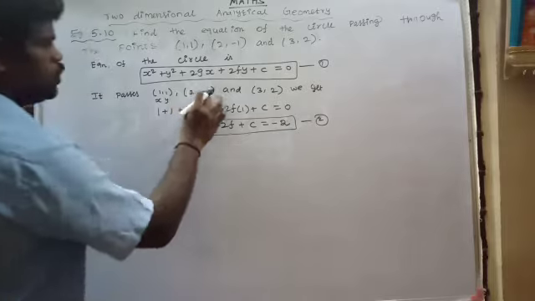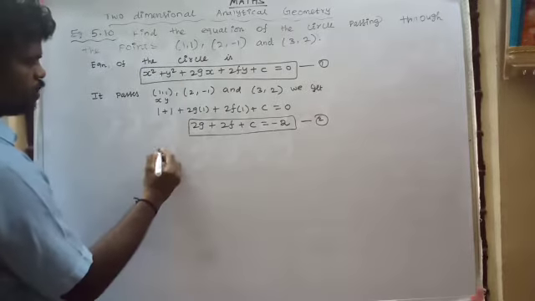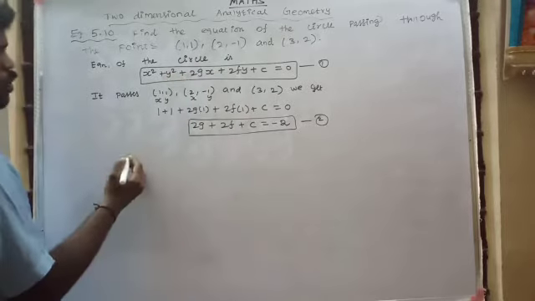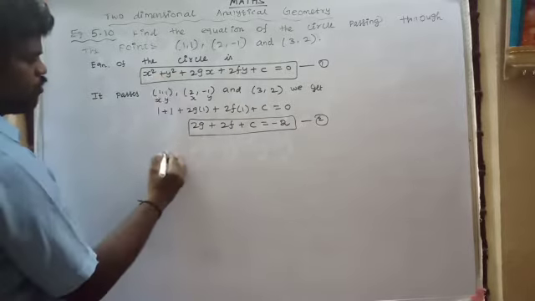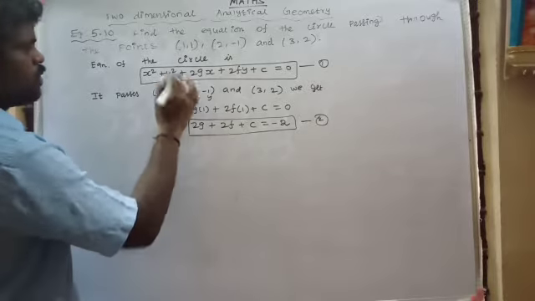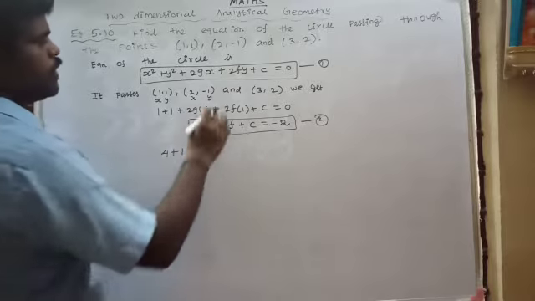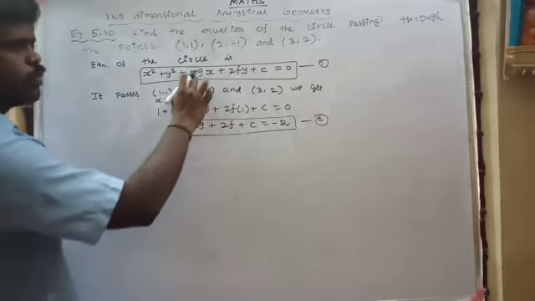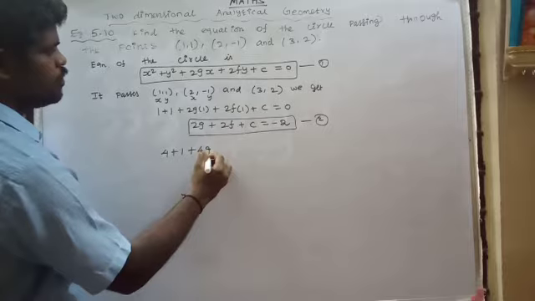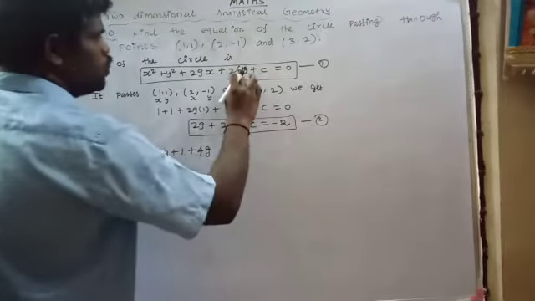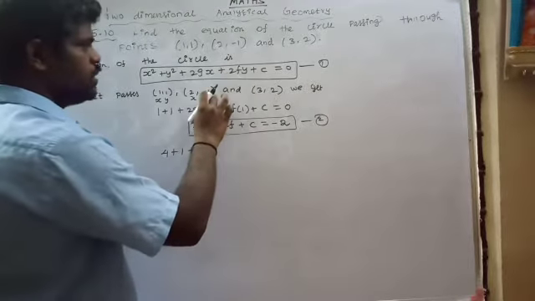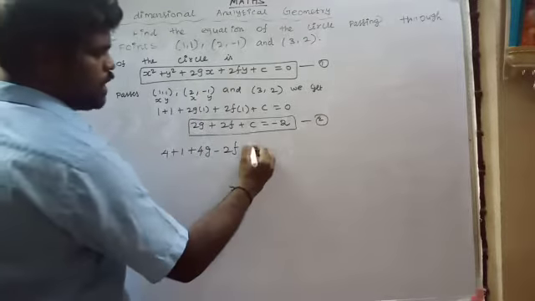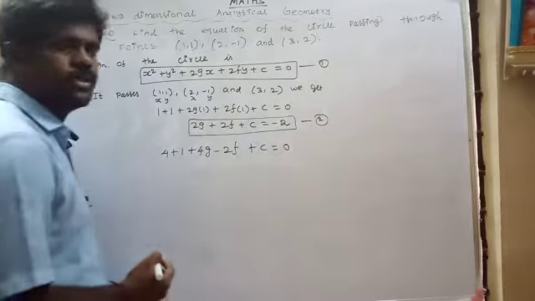And (2, -1). We apply (2, -1). This is x and this is y. Apply in equation 1. 2 squared is 4 plus (-1) squared is 1 plus 2g into x, that is 2, so 4g, and 2fy, 2f into -1, so minus 2f plus c equal to 0.